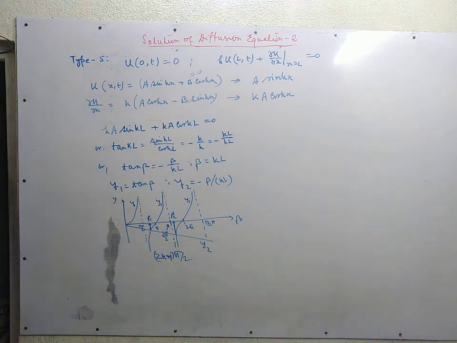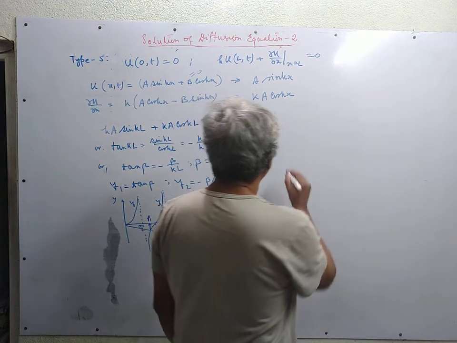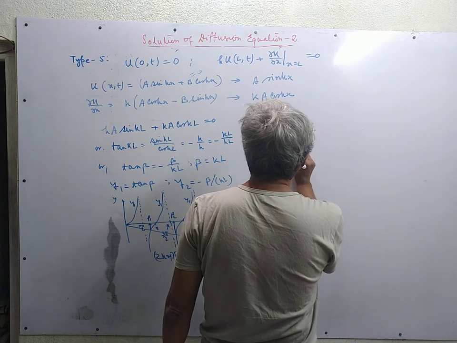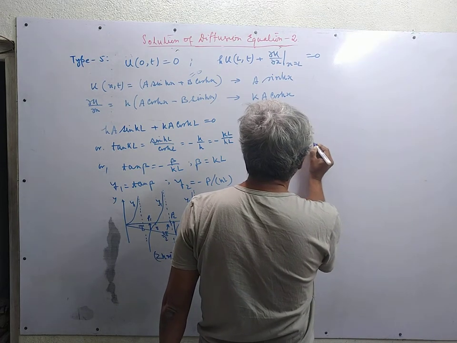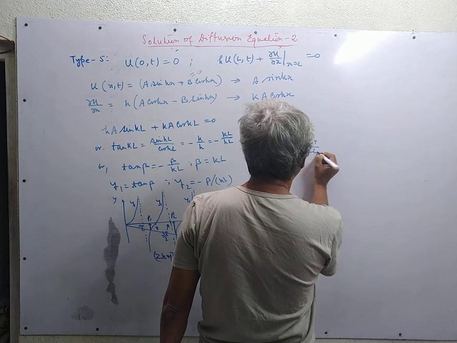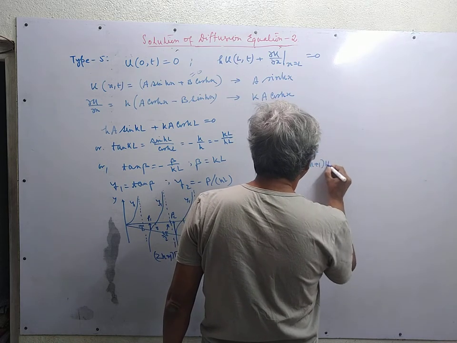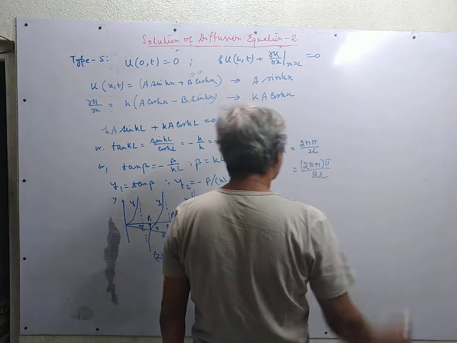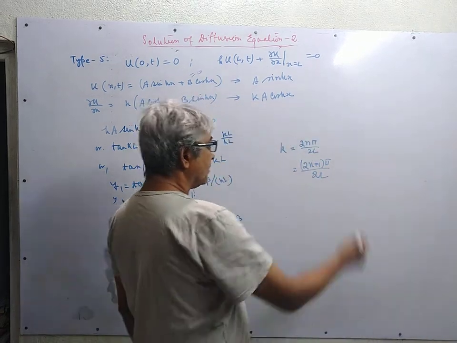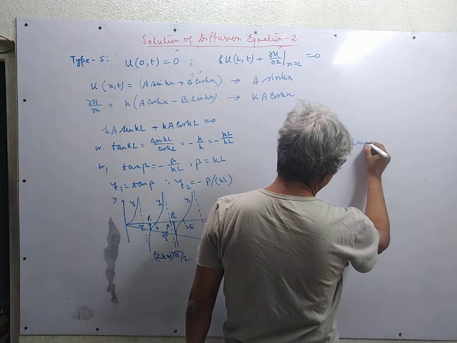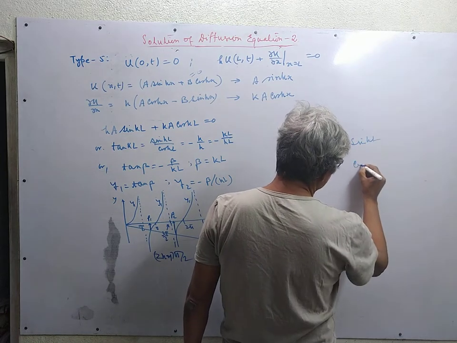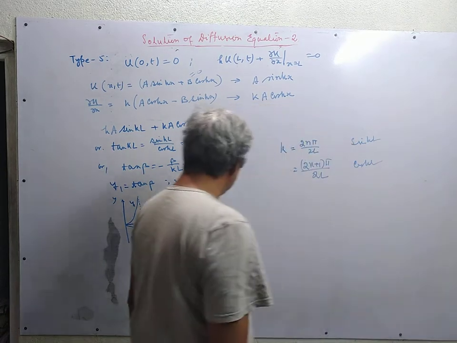Here we see also that the k values are discrete, but in the other cases we got k values either as k equal to 2n pi by 2l, or 2n plus 1 pi by 2l. We got it from the value sin kl is equal to 0, and this was from cos kl is equal to 0.